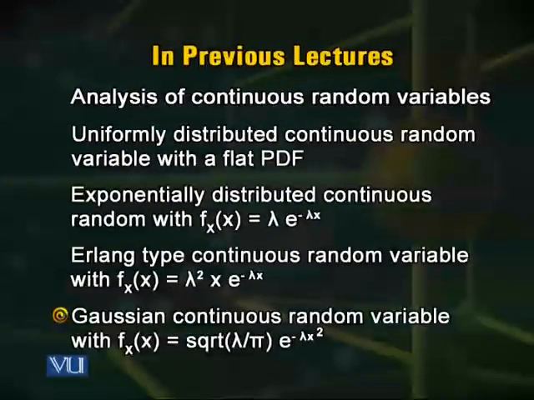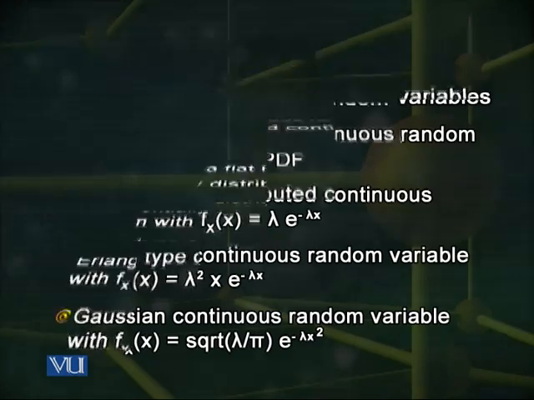So if you use this as k, the total area under the Gaussian curve, which is square root of lambda over pi times e raised to power minus lambda x square, comes out to be 1. By using different values of lambda, you can have different members of this family of Gaussian random variables.